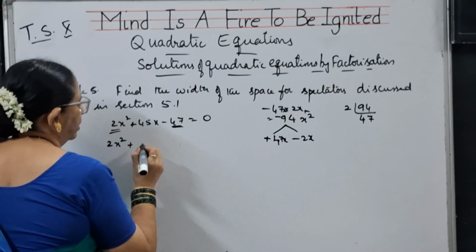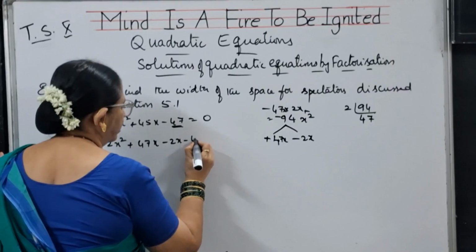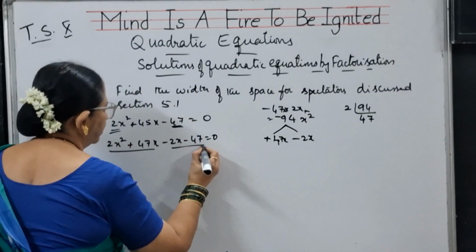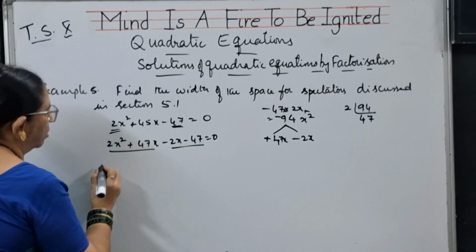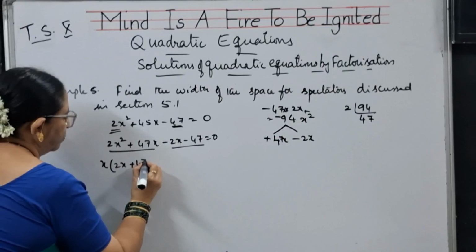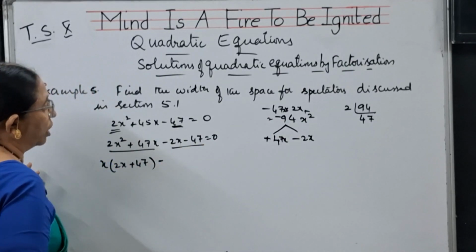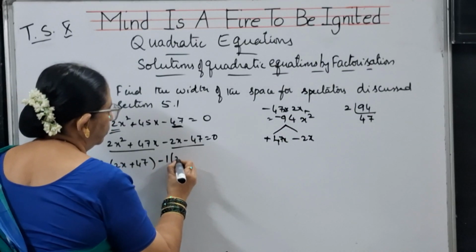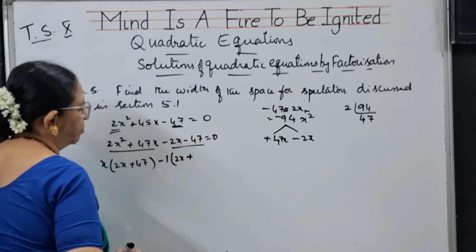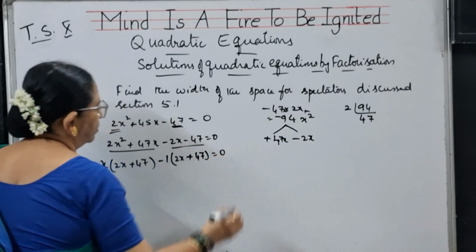So 2x square plus 47x minus 2x minus 47 is equal to 0. So take this as one group, this as one group. Here common is actually x: x(2x + 47). Here, there is no common, so you take 1 into 2x plus 47, with minus: minus(2x + 47) is equal to 0.